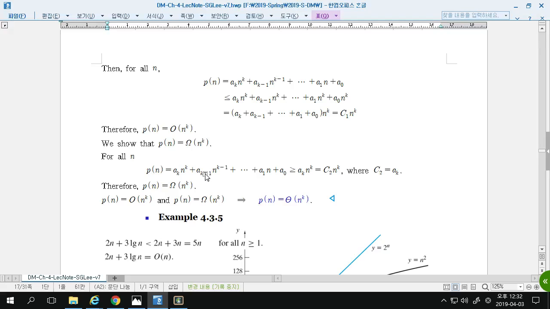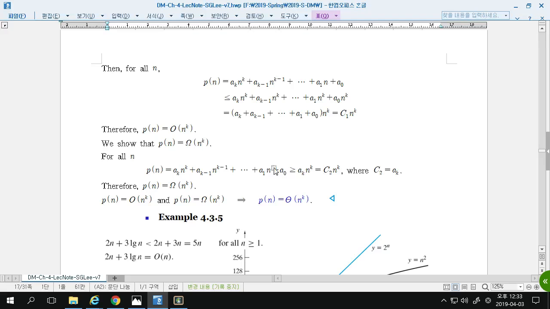If some of these are negative, it can be a little different, but if we choose a large enough constant, a_k or a_k prime, that makes this inequality valid, and choose that to be C2, then we can always have these inequalities for non-negative integers n.